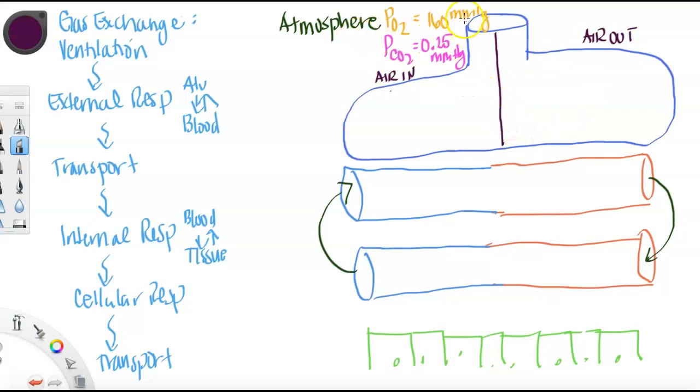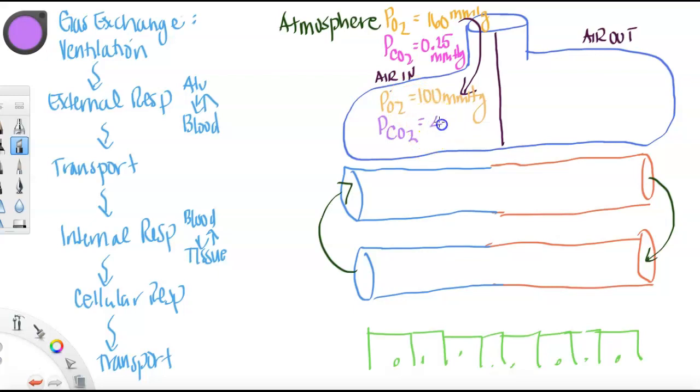So when I breathe air in, the PO2, partial pressure of oxygen in the lung on a breath in, is 100 millimeters of mercury.